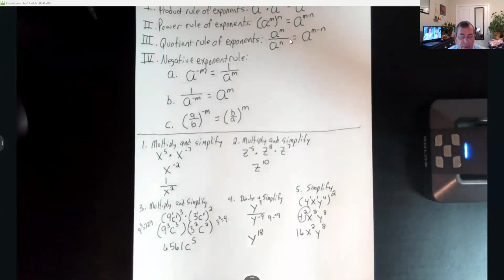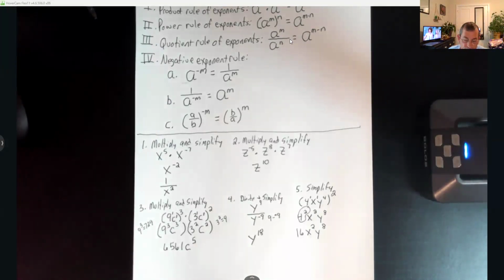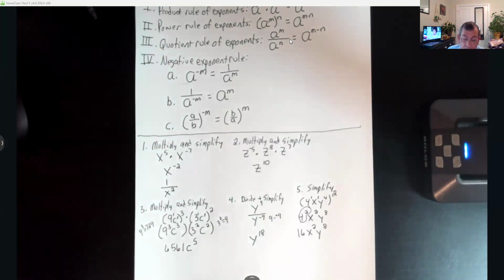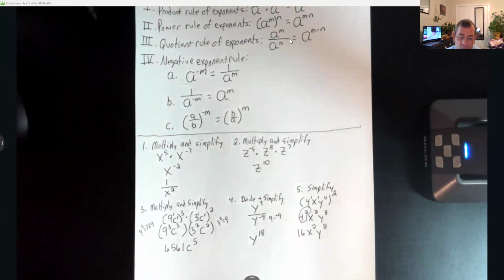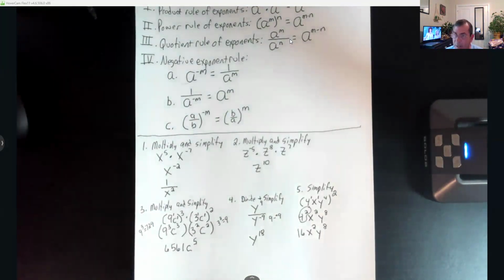So that is an overview of the exponent rules because they're about to play part of what we go through in 9.5 doing our properties of logarithms, okay?